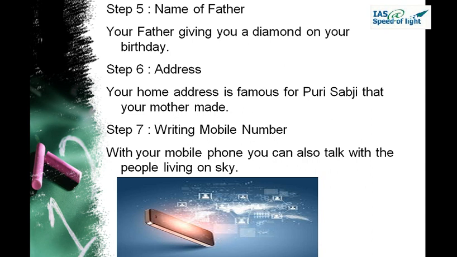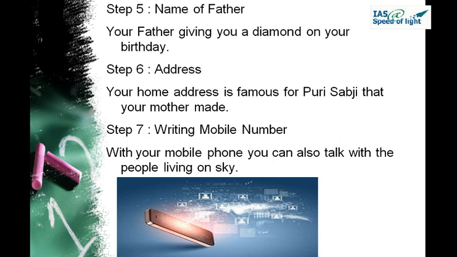Now step 7, after writing address, what they ask is mobile number. Okay, you have to write the mobile number. So it's very easy. The sequence is very easy. First name, then your father's name, then your address, okay, and then your mobile number. So with your mobile phone, you can also talk with the people living on sky.